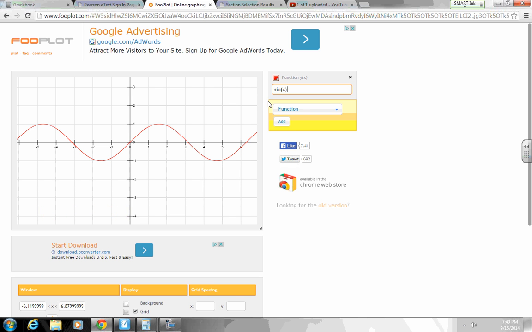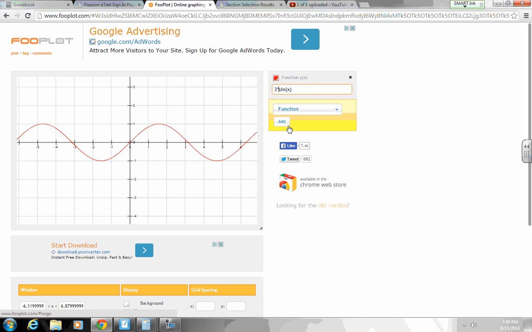So if I try to do this function 3 times sine of x, can you predict what will happen with the graph? Which way? Right. I'm multiplying the function. I'm not messing with the x. I'm messing with the y, so everything will get tripled, right?